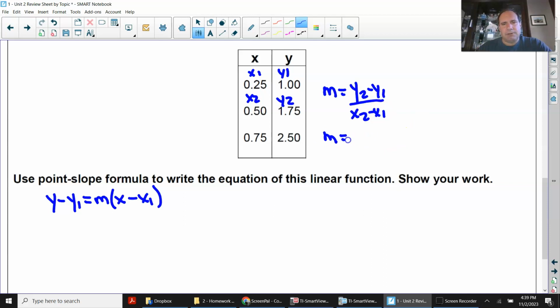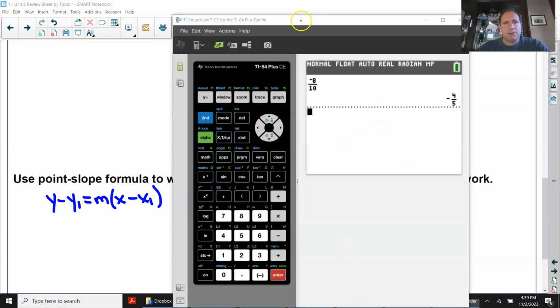And m equals, we're going to do y2, which is 1.75, minus 1, which is y1. And then we're going to have 0.5 minus 0.25. So instead of doing that by hand, I am going to bring the calculator over here, hopefully.